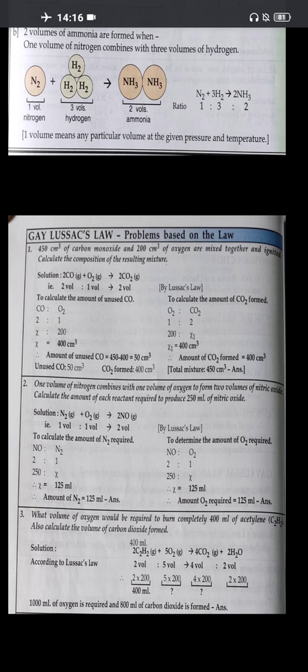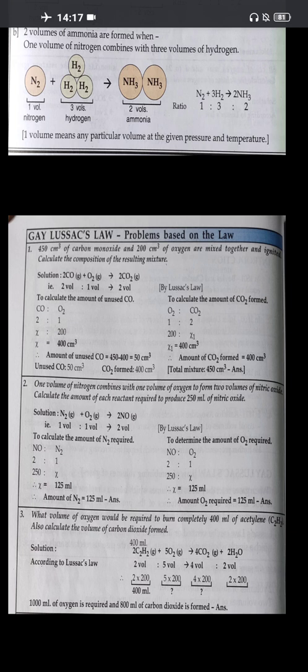Now, to calculate the amount of unused carbon monoxide, how do I do it? By looking at the ratio of the volumes, I know that two volumes of carbon monoxide utilize one volume of oxygen. Therefore, what volume of carbon monoxide will use 200 centimeter cube of oxygen? Because in the question they have given you 200 centimeter cube. So by applying the simple unitary method, x is equal to 400 centimeter cube.